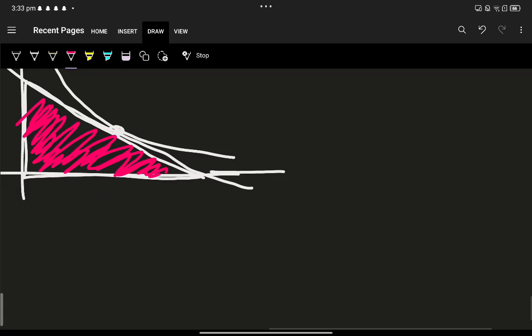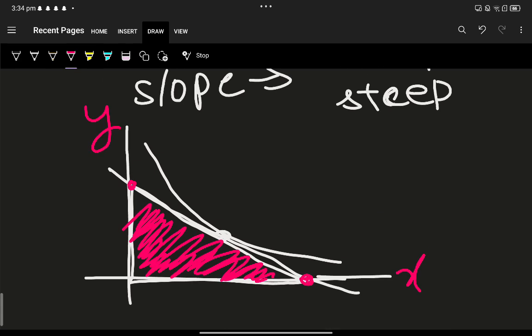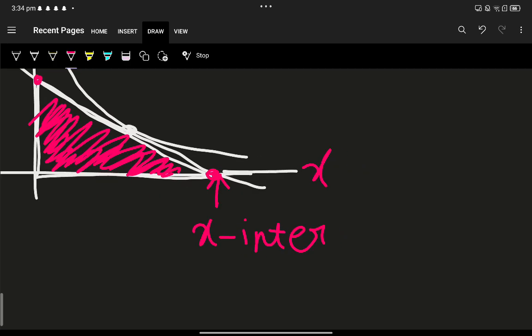So for this, we have to find this point and this point right over here. As this is the x-axis and this is the y-axis, when the slanting line, the tangent line, touches the x-axis, that intersection is called the x-intercept.